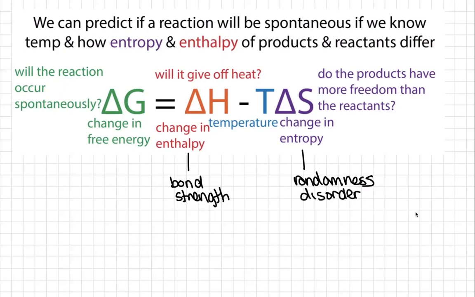Molecules like being really random and disordered. So if you have more molecules, that's going to be happy. And when we talk about happy, again, we're talking about a negative delta G. Or if you have more ways the molecules can move or can orient themselves.